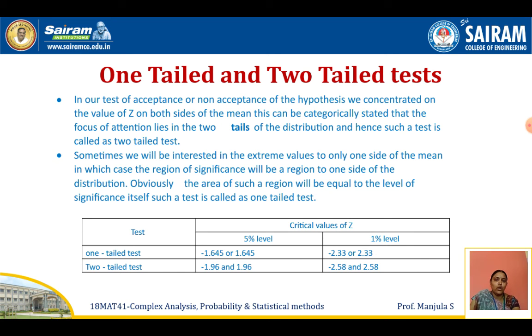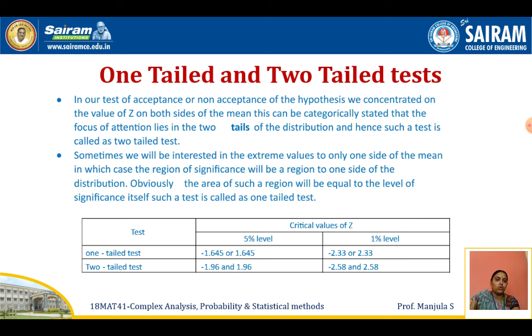First, the one-tailed test we'll discuss now. In a one-tailed test, the critical values of z will be like this. At the 5% level, it is minus 1.645 or 1.645. One-tailed means only one side, either the positive side or the negative side. The next, at the 1% level, is minus 2.33 or 2.33, either negative side or positive side.